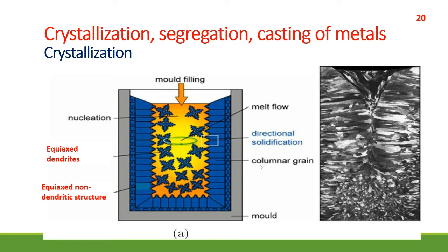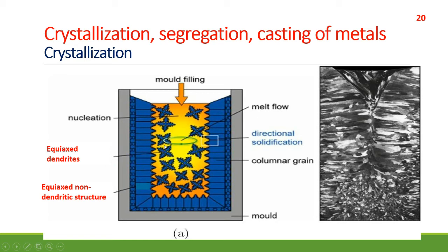So at this position you see that there is a mold. There is a mold here, the gray color. This is the mold or the cast, and the liquid or the melt is poured here. The liquid metal is poured here.